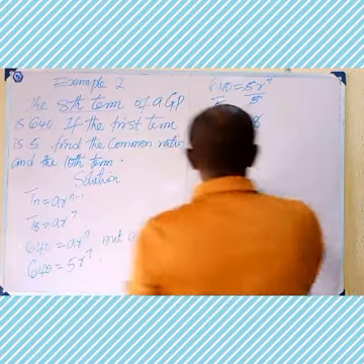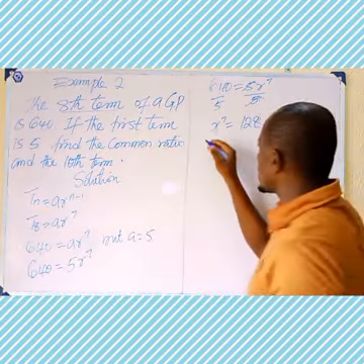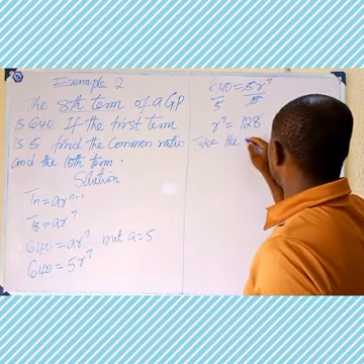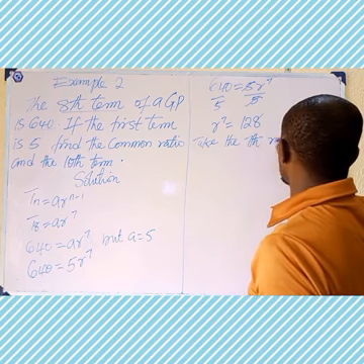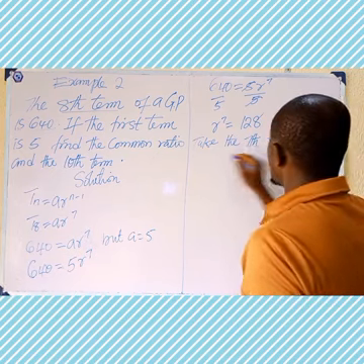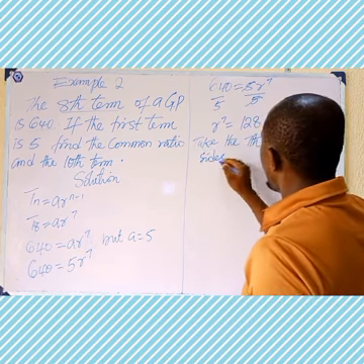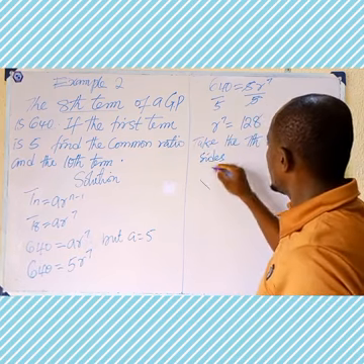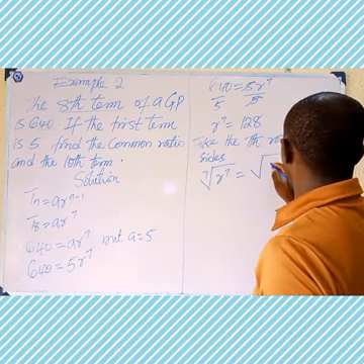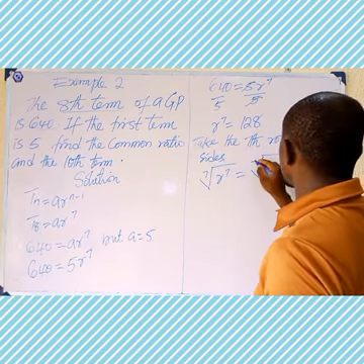So we are going to take the 7th root of both sides. If we do that, we have the 7th root of this.